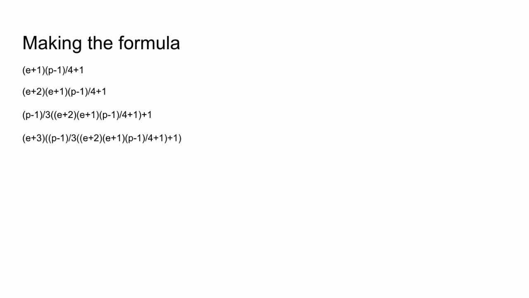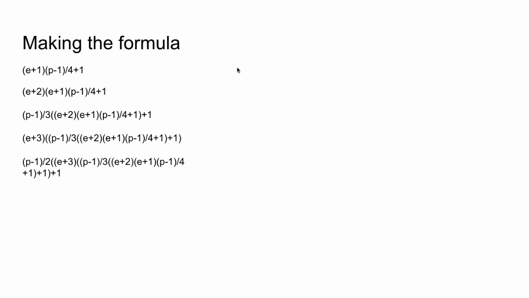Now let's make the formula. First, multiply everything by e plus 2, then multiply everything by p minus 1 over 3 and add 1, then multiply by e plus 3, multiply by p minus 1 over 2 and add 1.